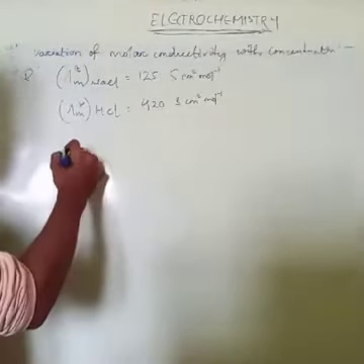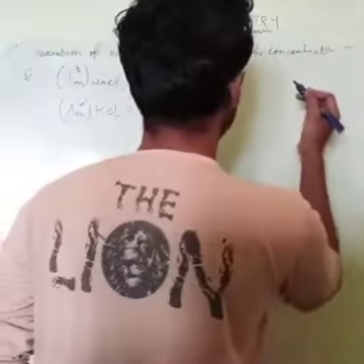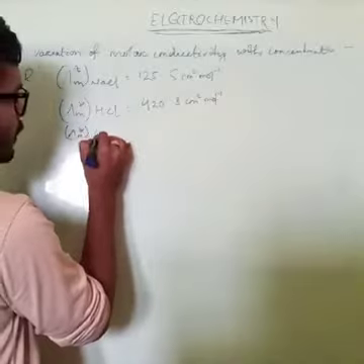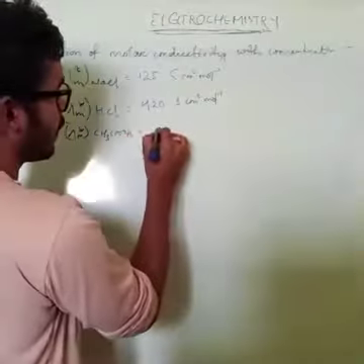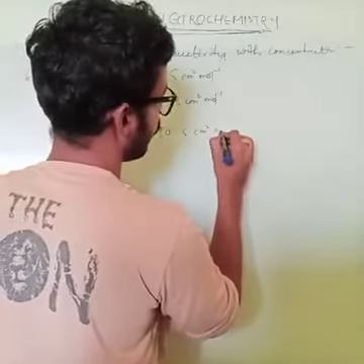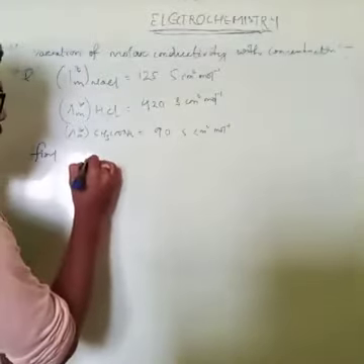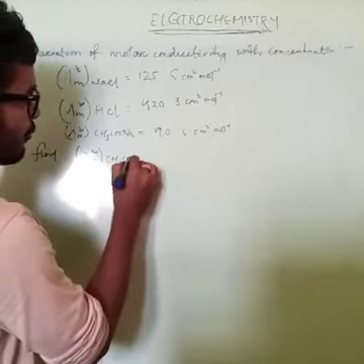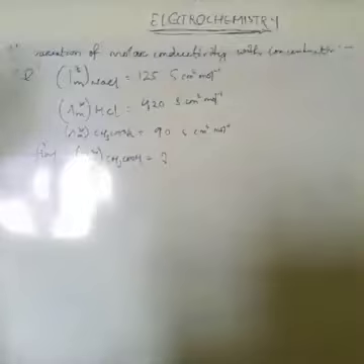And sodium acetate, CH3COONa, molar conductance at infinite dilution is given as 90 Siemens centimeter square mole inverse. So find the molar conductance at infinite dilution of acetic acid. How will you do this?